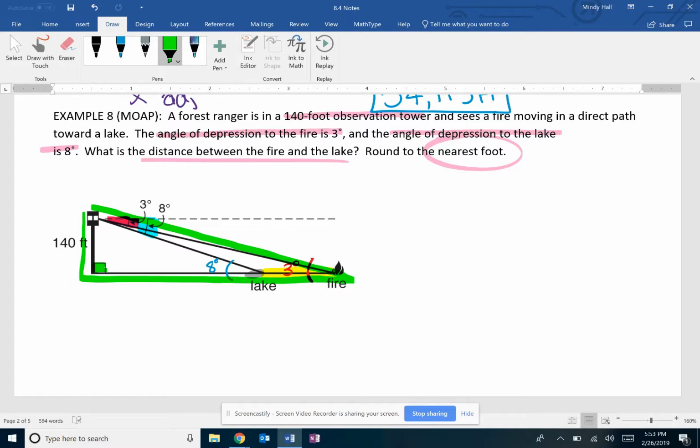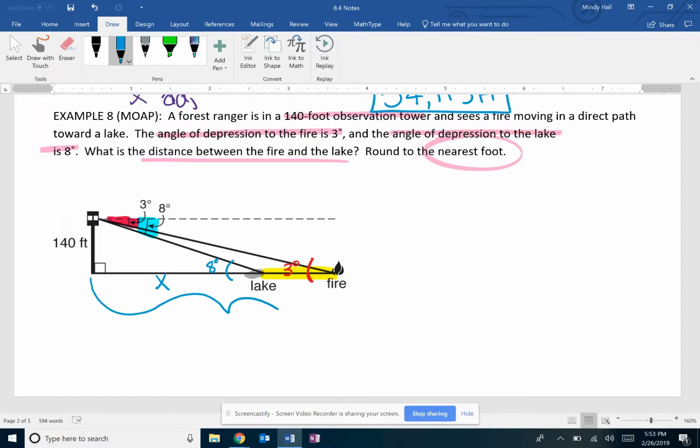So when we're doing this, I know I'm going to want to know the distance from the tower to the lake. And then there's actually 2 different ways you can do this. You can either see this as its own entity, like z, or you can break down the tower to the lake and then the lake to the fire as 2 separate things and call it y. And I'll show you both ways so that you can see how they both work.